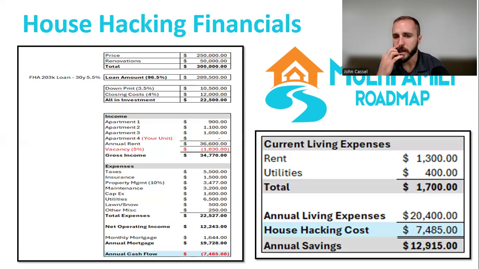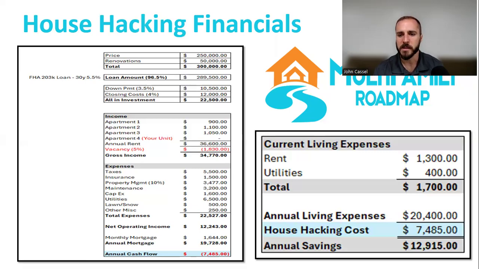So if you look at your living expenses on the right there, let's say before you bought this house hack, you're living in an apartment, you're paying $1,300 a month, and then another $400 a month in utilities. That's $1,700 a month that you're paying in living costs that would be cleared out with the house hack.